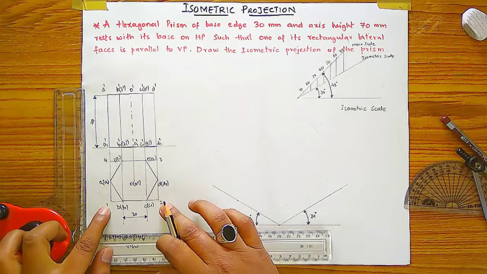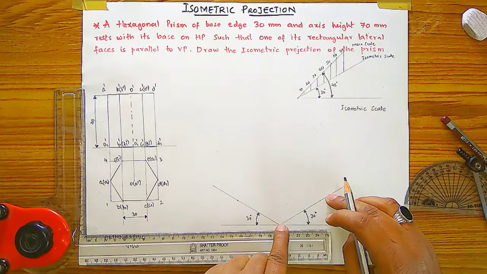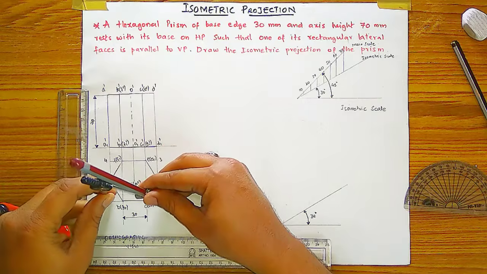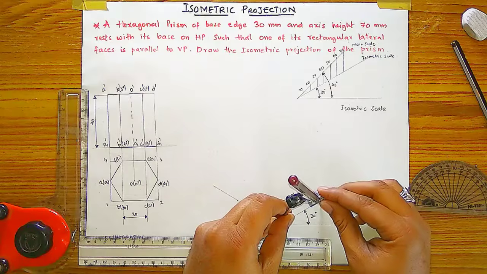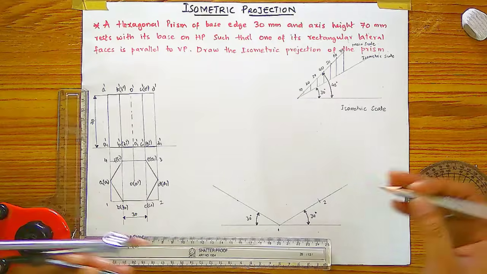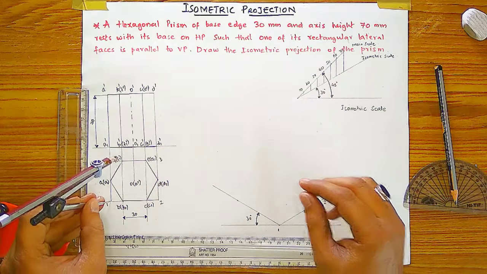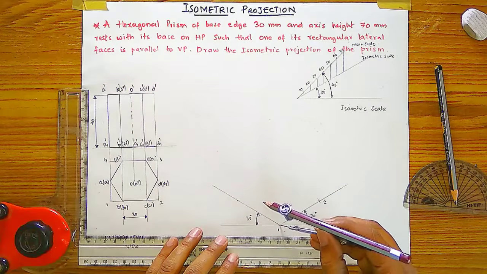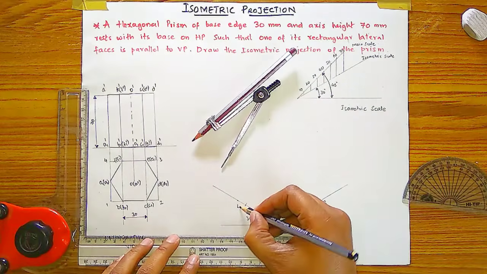This 1, 2 numbering I will copy and label here, on this line from 1 to 2. I have done it, where this one is 1 and this one is 2. And from 1 to 4, this height I will measure, and from here I will copy this. This is 1 and this will be 4.